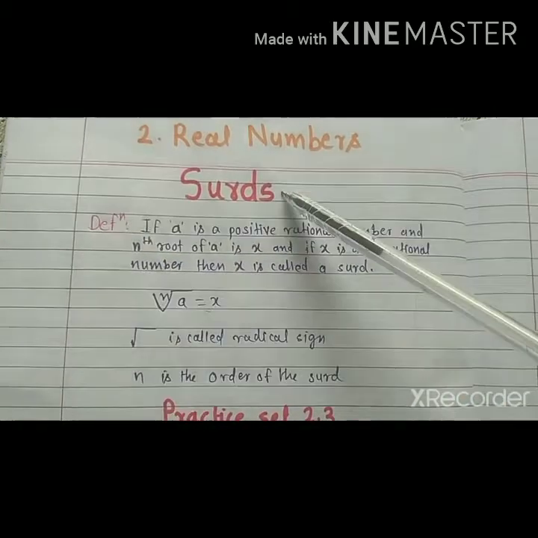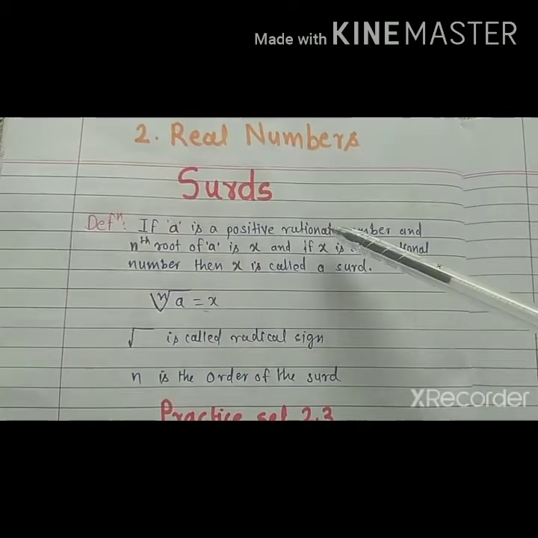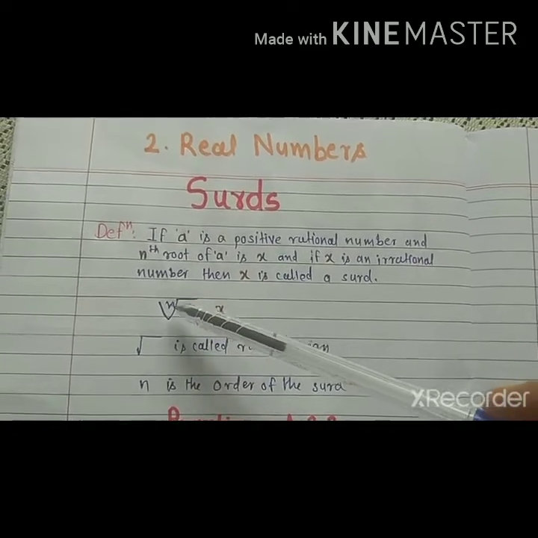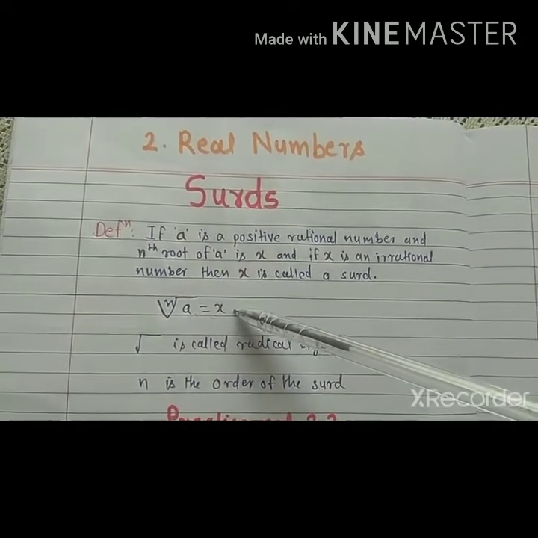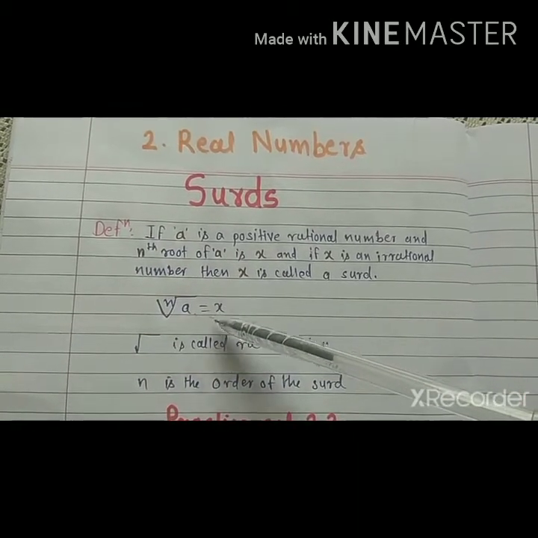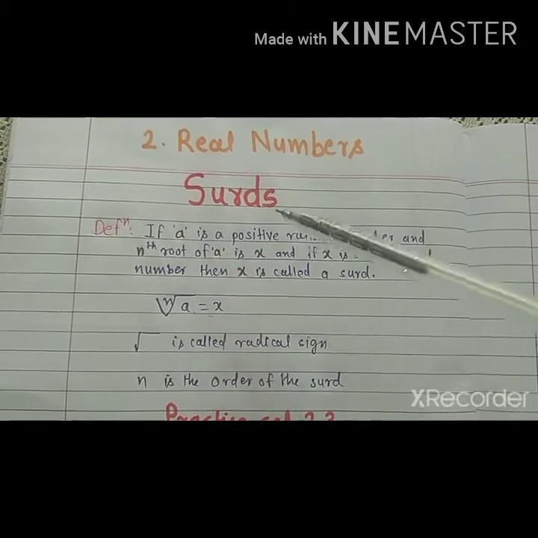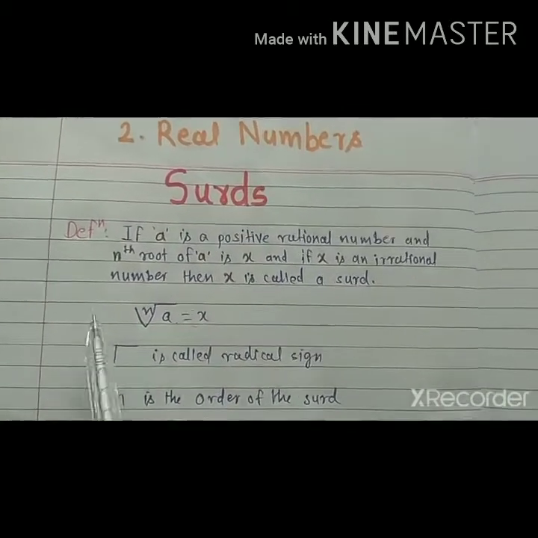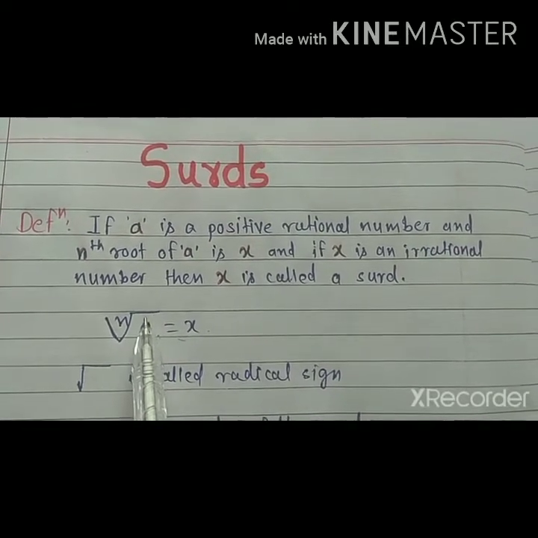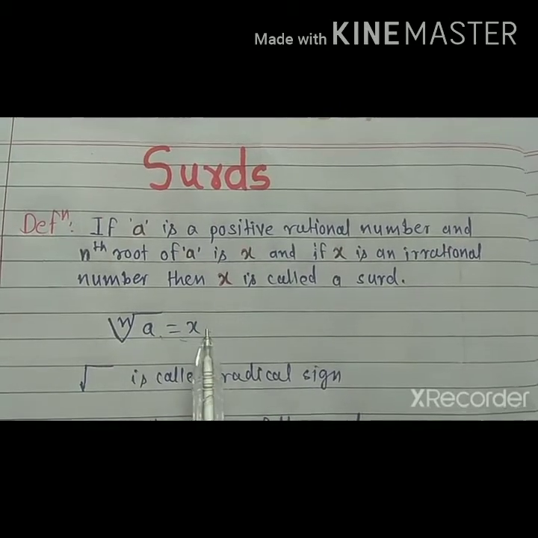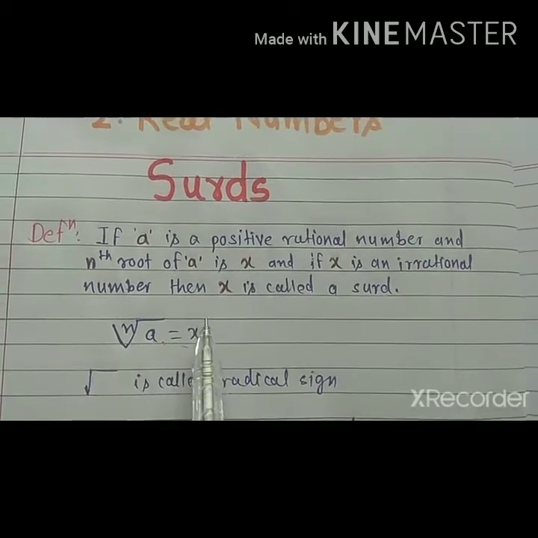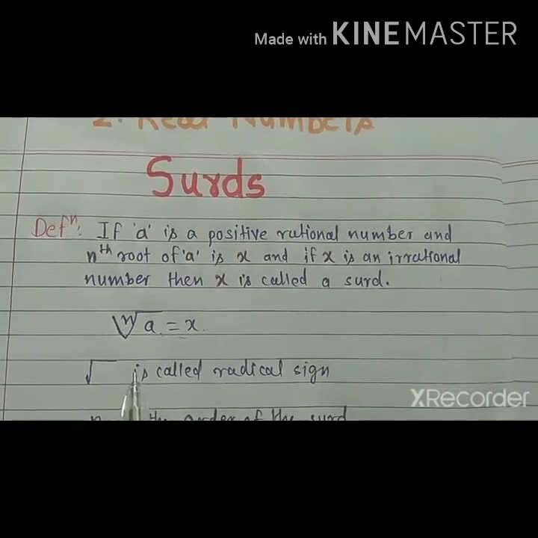The definition of a surd is: if A is a positive rational number and the nth root of A is x, and if x is an irrational number, then x is called a surd.